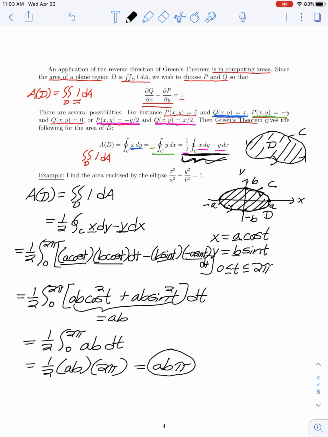So the area enclosed by an ellipse that has the given equation is the product of a and b, that is the magnitude of the x and y intercepts, times pi itself. So this is one application where we may use the reverse direction of Green's theorem, where we move from the double integral to a line integral over the curve that bounds that plane region.